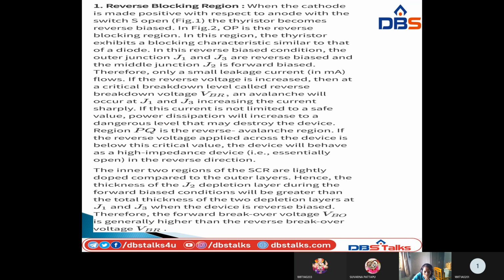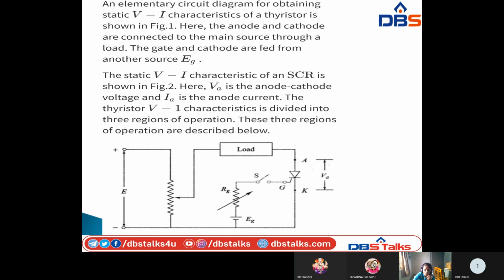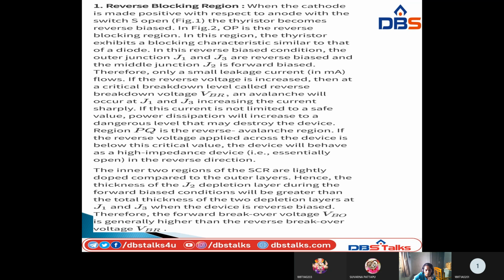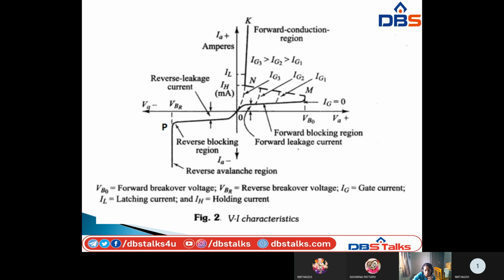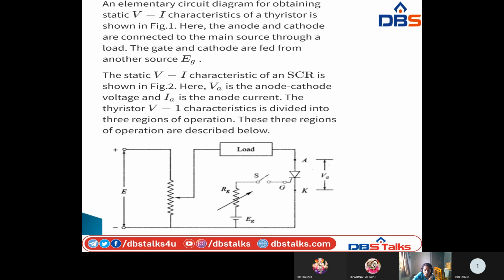When the cathode is made positive with respect to the anode with the switch S open, the thyristor is in the reverse blocking region. In this region, the thyristor exhibits blocking characteristics similar to a diode junction. So in the reverse blocking region, we apply a negative source to the anode and a positive source to the cathode, and there is no input given to the gate.